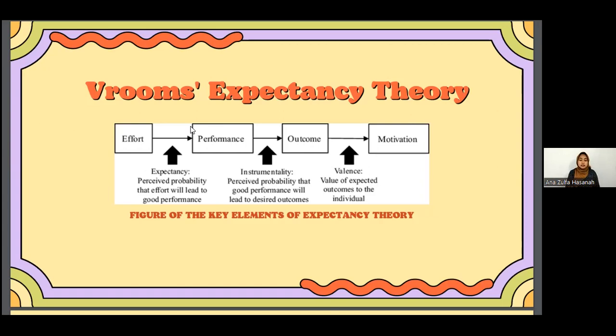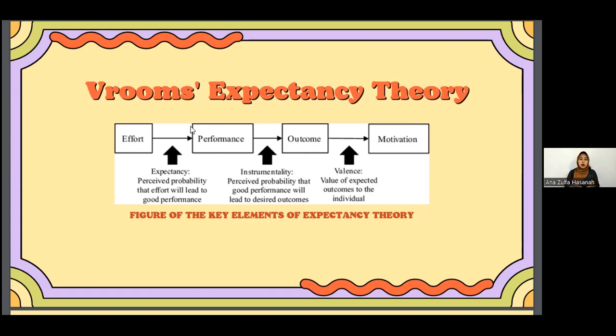And then valence, the last, refers to the value or attractiveness that an individual assigns to the expected outcome or reward. So, in summary, Vroom's expectancy theory emphasizes the importance of cognitive processes and individual perception in shaping motivation.